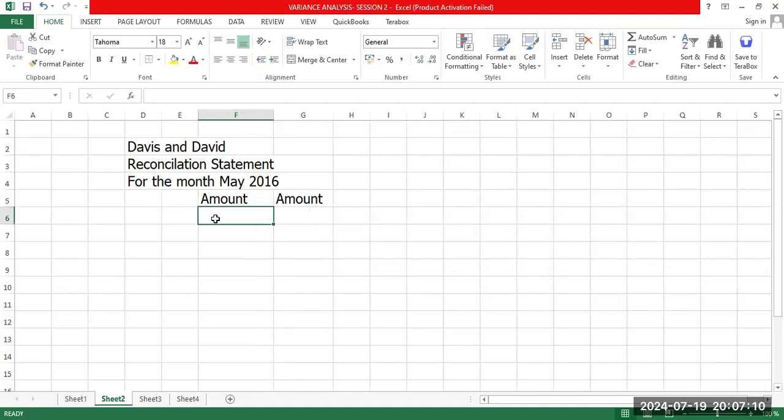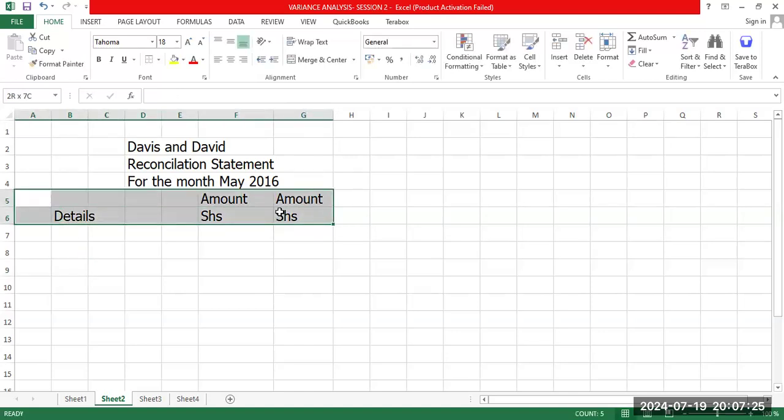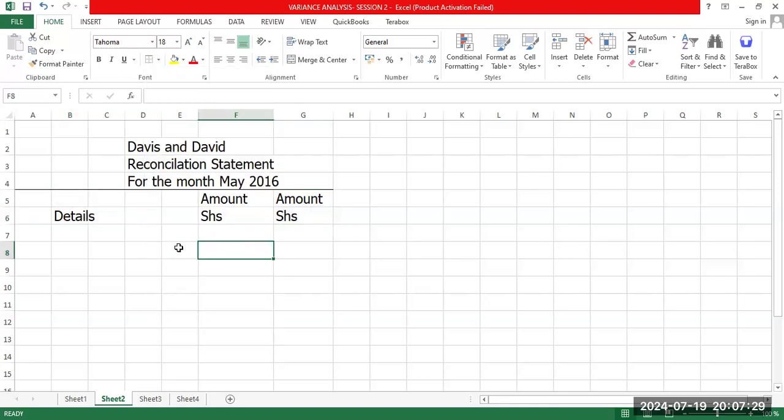Our figures will be in shillings, then here also in shillings, and here you will just have your details. Make that draft in your books first.